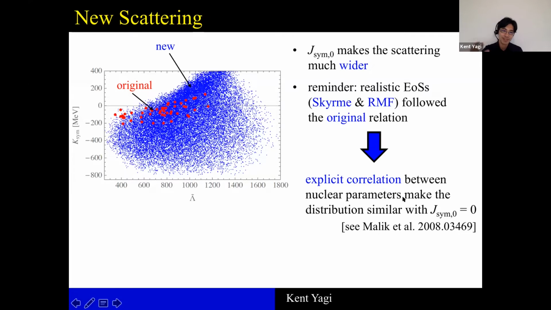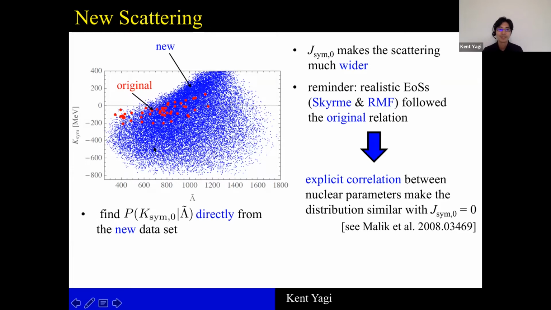And once you impose that, then the correlation between K parameter or other nuclear parameters and neutron star observables becomes much tighter. In any event, we use now this new data set and then try to find the conditional probability distribution of K for a given lambda tilde directly from this new data set.